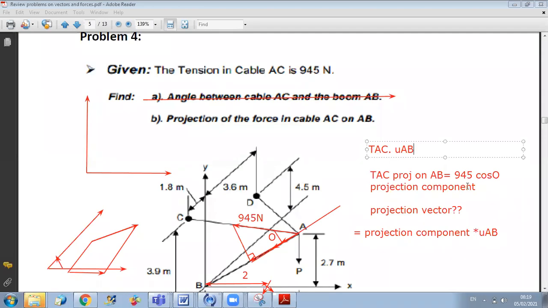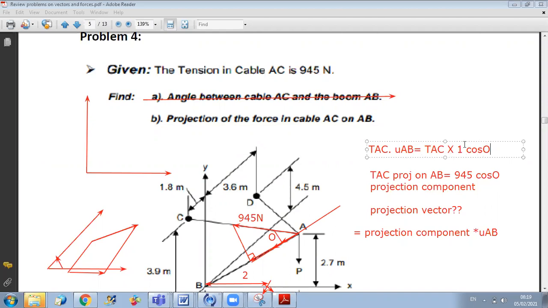And of course, it will give you the same result, because when you do T_AC dot U_AB, it will be equal to the magnitude of T_AC times 1, which is the magnitude of the unit vector, times cosine theta. But since theta here is already known, I directly used this formula.